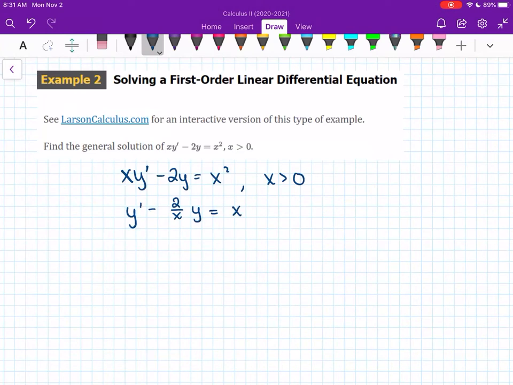So then I get y prime minus 2 over x times y equals x. And so then I see that p of x is going to equal negative 2 over x, and q of x is going to equal x.